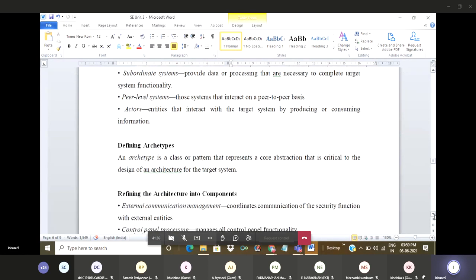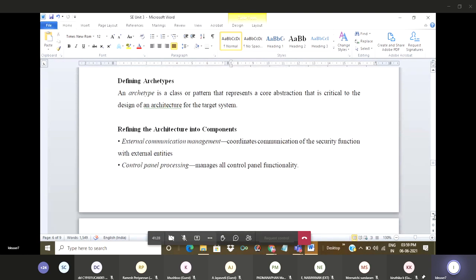Now, defining archetypes. An archetype is a class or pattern that represents a core abstraction that is critical to the design of an architecture for the target system. How do we refine the architecture into components? We have certain steps. One is external communication management, which coordinates communication of the security function with external entities.